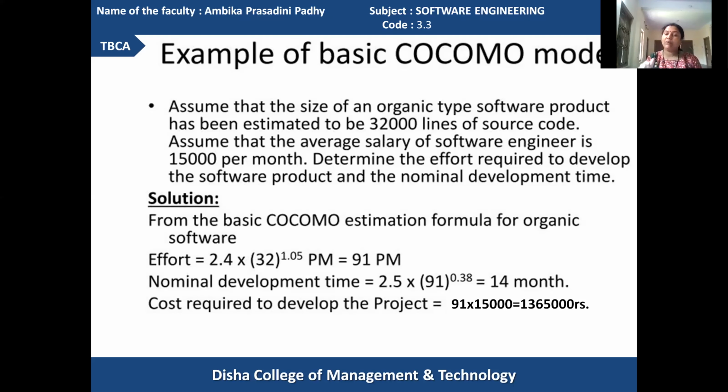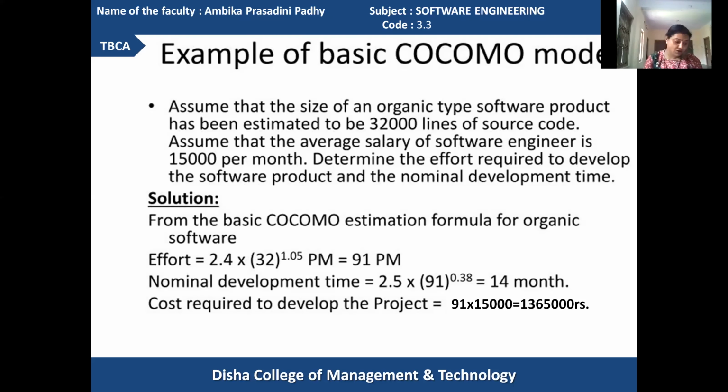14 months it will require to develop the product, and the effort required is 91, and we have given the portion per month salary that is given to the developer. The salary given to the developer in each month is multiplied with the effort. Then it is going to give you the total cost value.